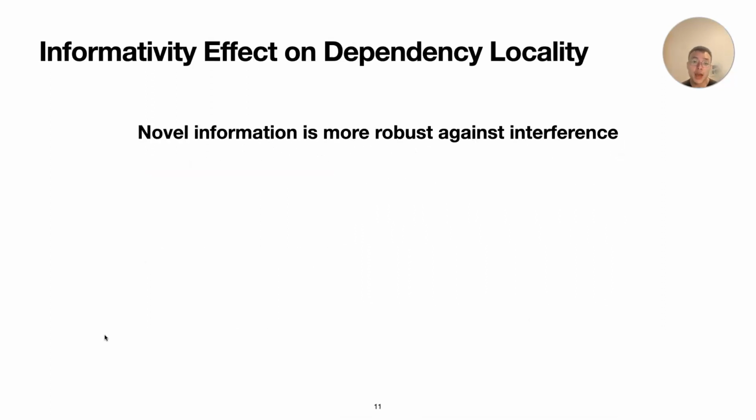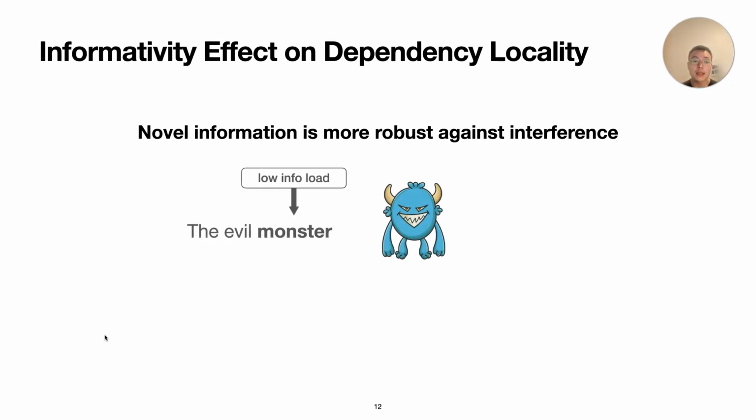Here's an illustration of how strategic memory allocation may influence dependency locality. In this example, we have a noun phrase, the evil monster. The head noun of this noun phrase is relatively predictable since an evil monster is a prototypical monster.